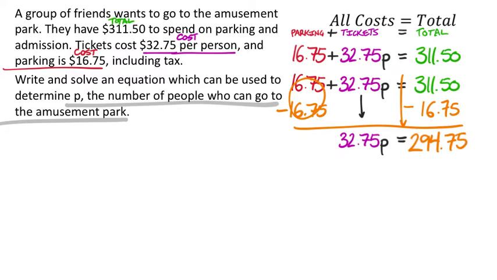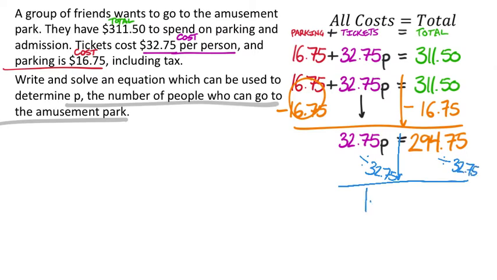Well, we don't want this variable here. We don't want the coefficient to be 32.75. We'd like to know exactly how many people can go. So we're going to divide the 32.75 by 32.75. If I do it to one side, I need to make sure that I do it to the other side as well.